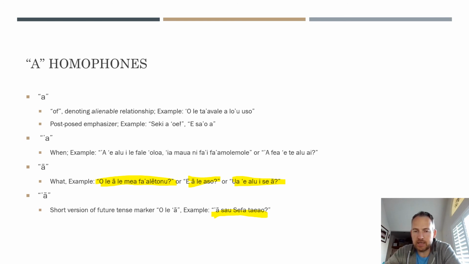Basically, this means will Sefa come tomorrow. Sefa is just a name, a short version of Yosefa, the Samoan version of Joseph. So, will Sefa come tomorrow? You could have also said "O le ā sau Sefa taeao," using "o le ā" instead, but it's fine to drop off the "o le" as well.